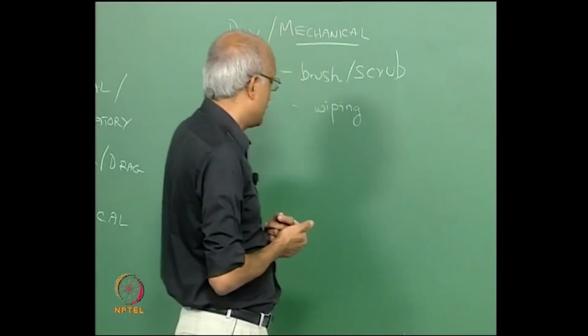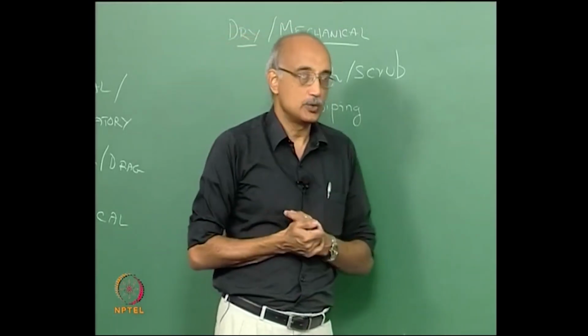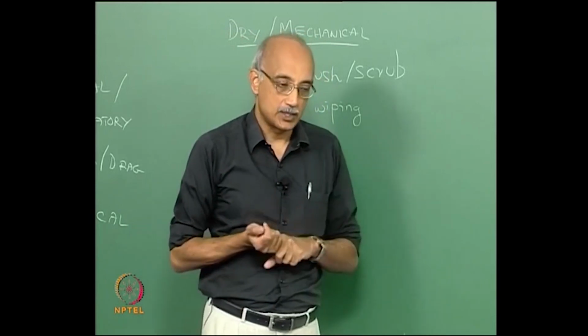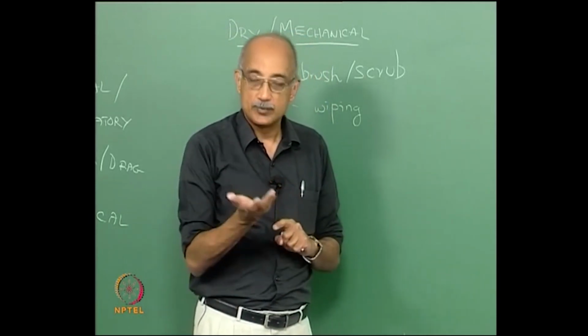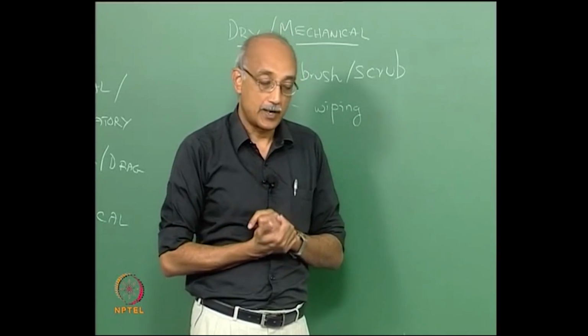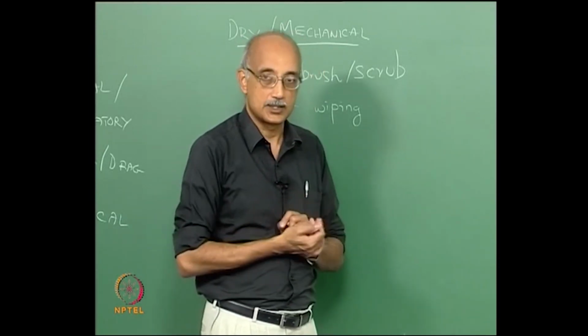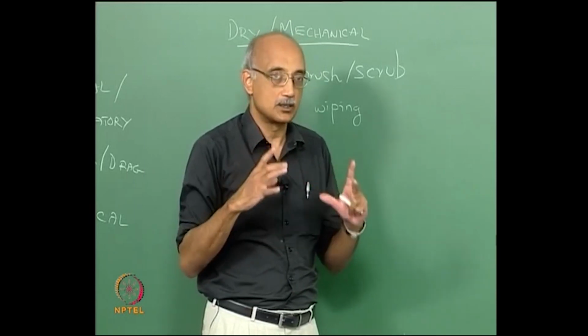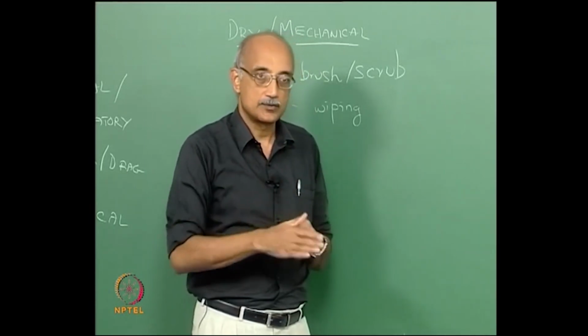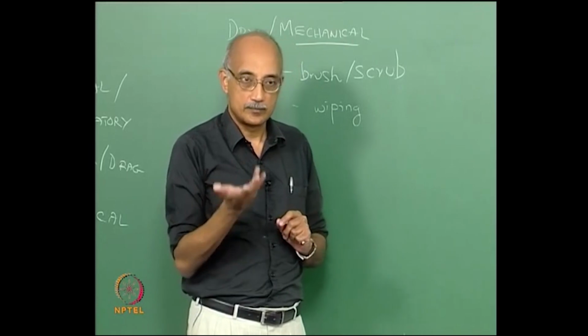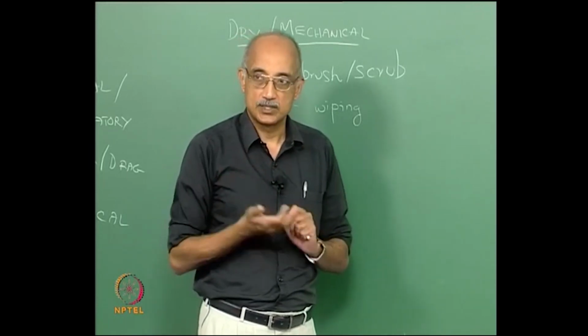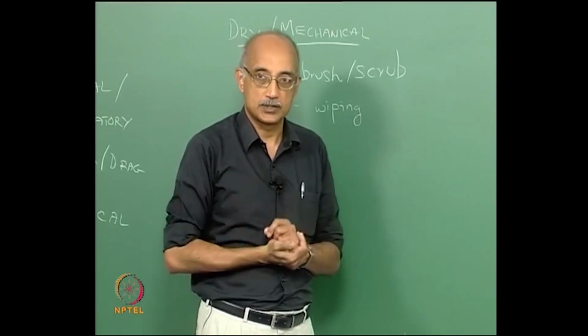Now dry wiping is a process that is again widely used in many manufacturing industries to remove visible dirt, and in fact it enables us to also monitor cleanliness at the same time. If you take a very white cloth and you rub it on a surface, if there is any dirt there, it changes color, right? You can see the accumulation of dirt on this white surface.